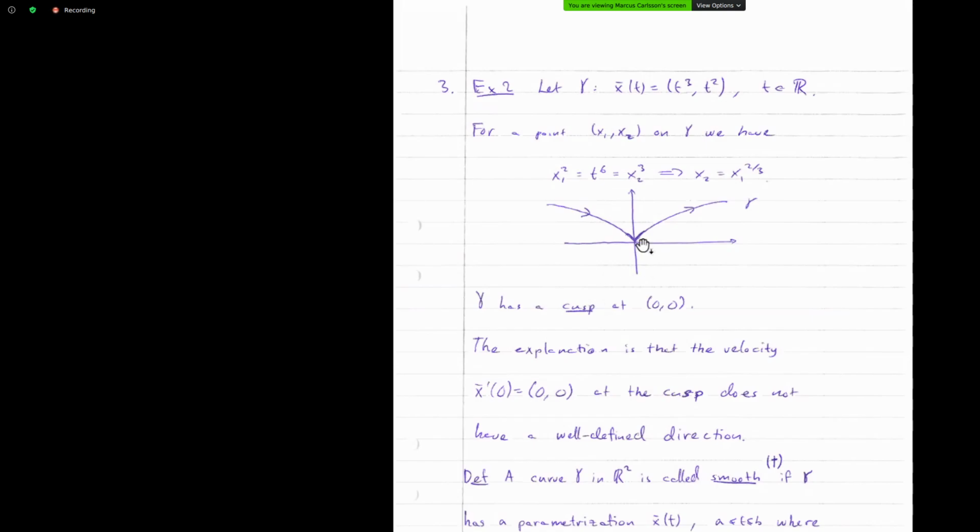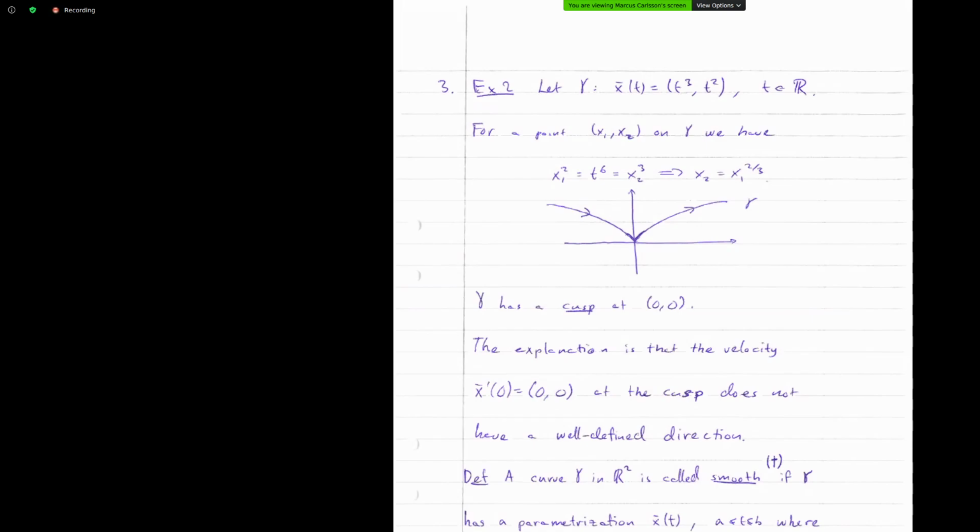What went wrong here is that if you differentiate, if you look at the velocity, it's actually 0. So this is like some object comes here and slows down and just comes to a stop and then takes off again. And clearly then you can have a sudden change in direction, like 90 degrees or whatever degree, right?